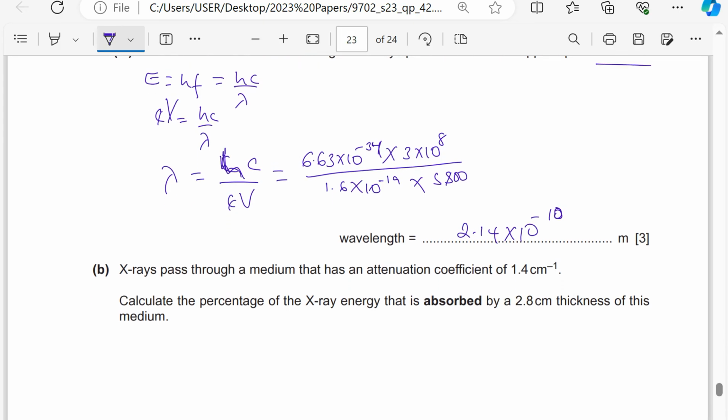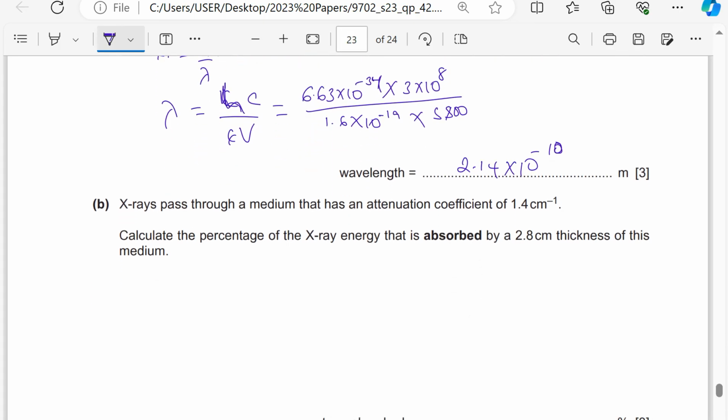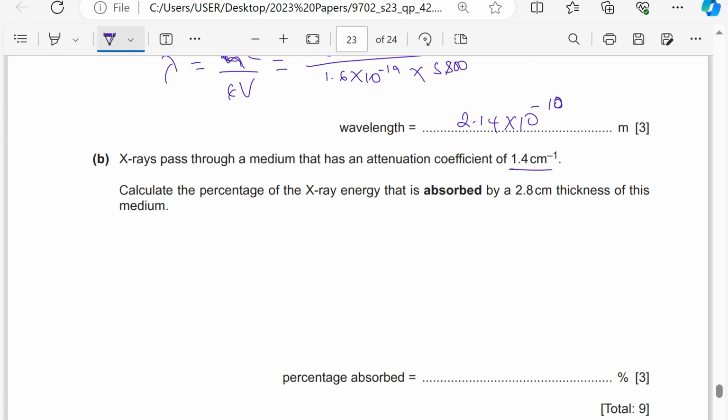And the last part of the question: X-rays pass through a medium that has an attenuation coefficient of 1.4 per centimeter. Calculate the percentage of the X-ray energy that is absorbed by a 2.8 centimeter thickness of this medium. Okay, we know that intensity transmitted through a medium is equal to I naught e power negative mu x.